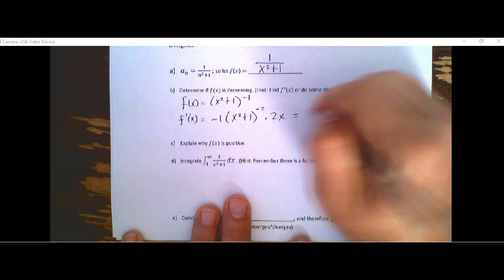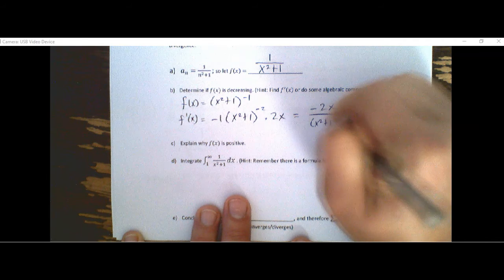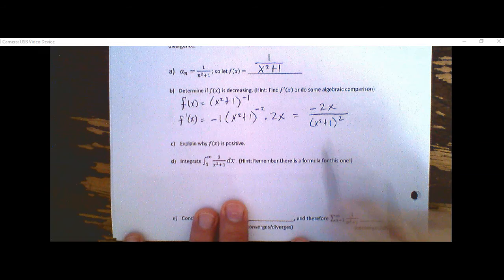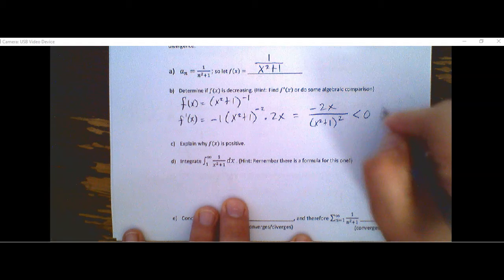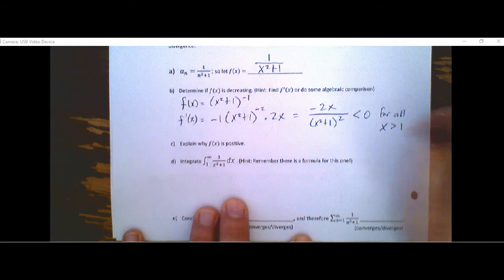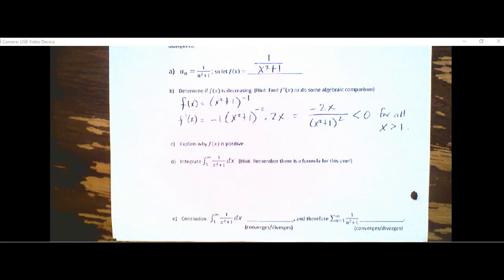So that would be negative 2x over x squared plus 1 squared. And we notice this is less than 0 for all x greater than or equal to 1.